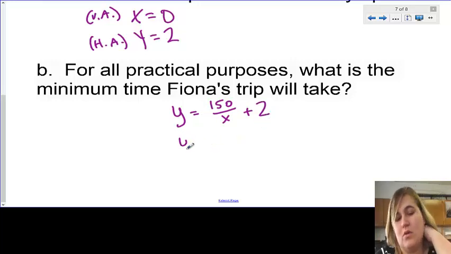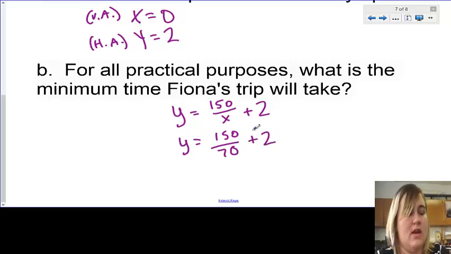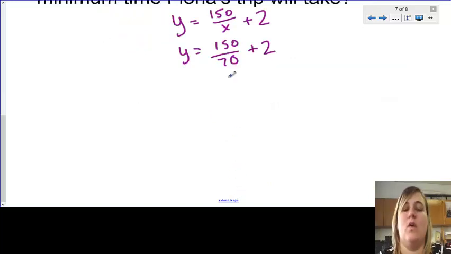So our equation was y equals 150 over x plus 2. So I will put in 70 because that's the fastest that she could go. And if she does not stop, this will be her speed. So I would get, let me get out my calculator here, 150 divided by 70 is going to be 2.14. Or it's 2 1/7 plus 2.